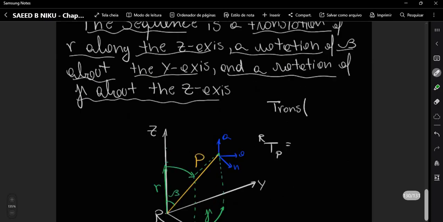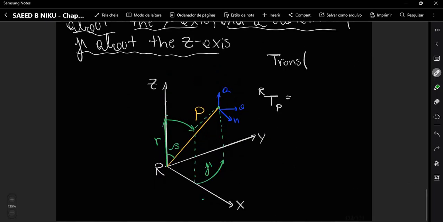And just like we were seeing in the past videos, from the R axis, as this first transformation is alongside this z-axis, we have 0, 0, and R, because the order is x, y, and z.